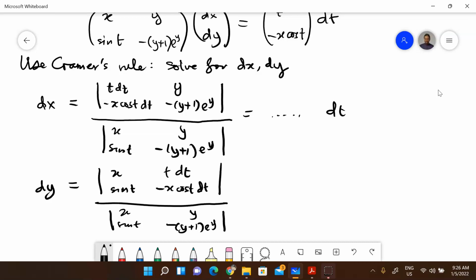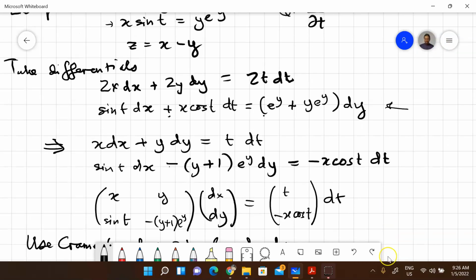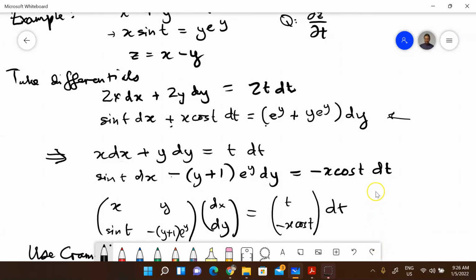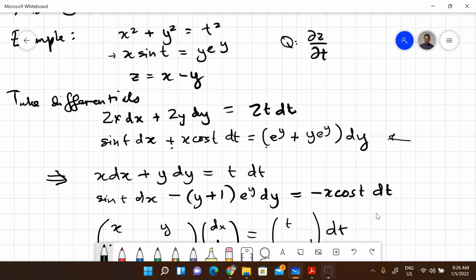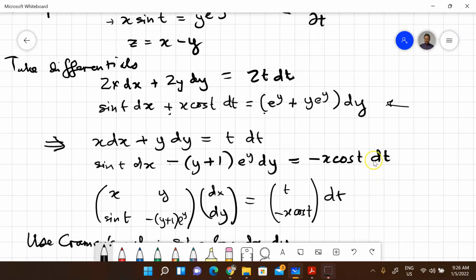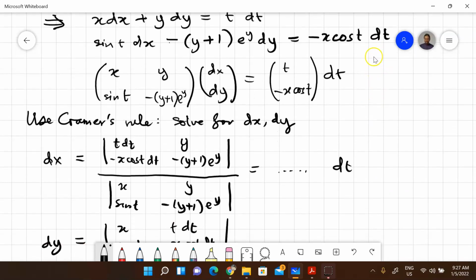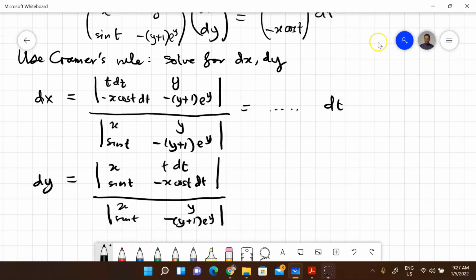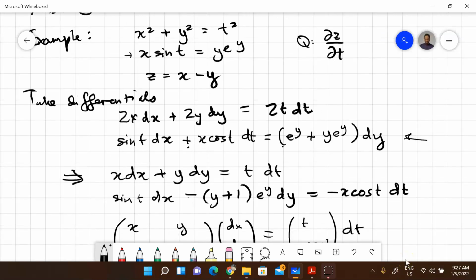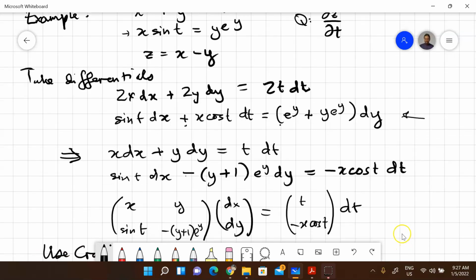So let's go back to the question itself. What is the problem? The problem is to find dz/dt. But where is the z? Oh, I haven't done the differential of that.